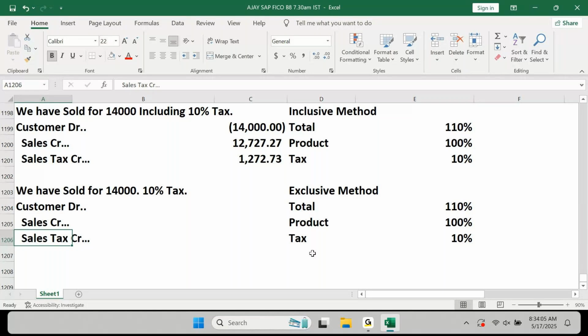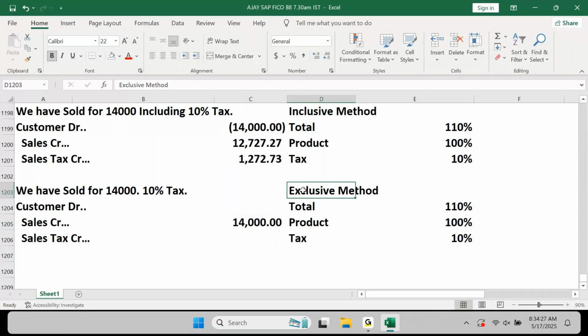It's correct. Now, in this example, 14,000 will be placed where? Sales. Total sales. Product. Sales. Product is 14,000. On this, you are exclusively adding.